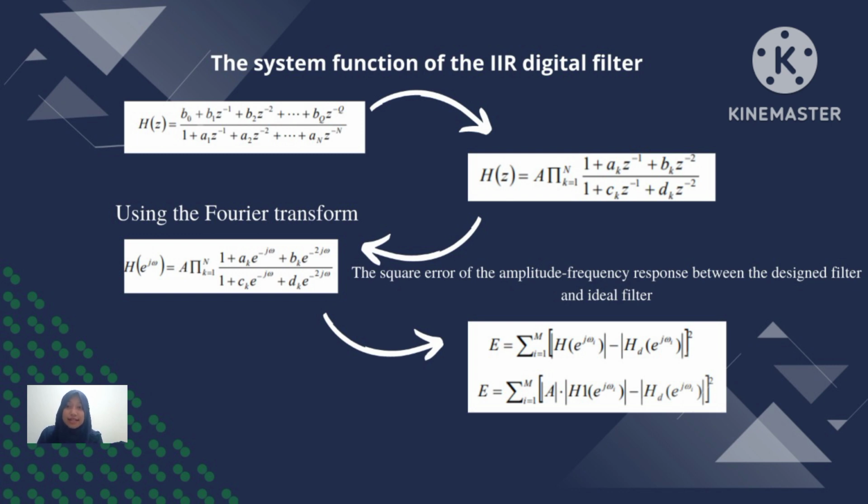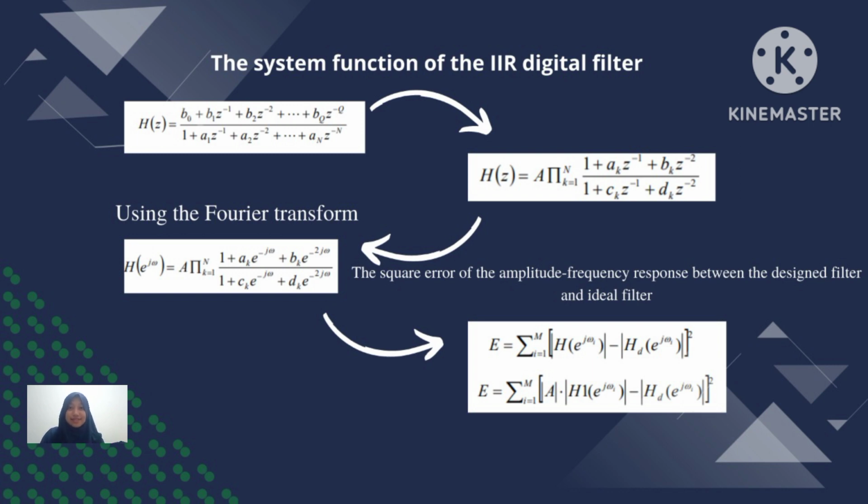You can see from the first function, it's in z. Among them, B0, B1, and the others, and A1, A2, and AN are the parameters of the digital filter.